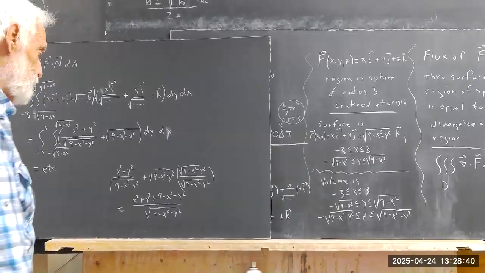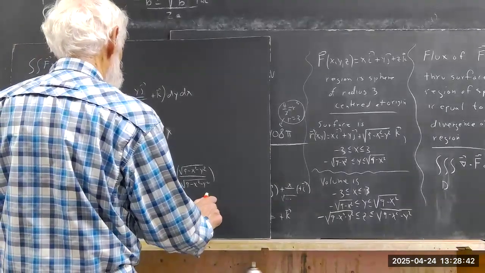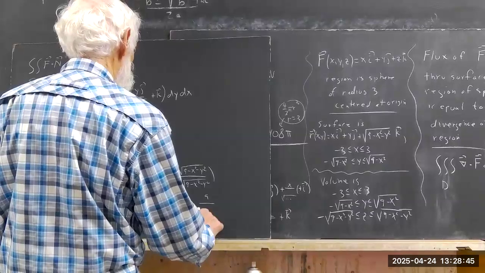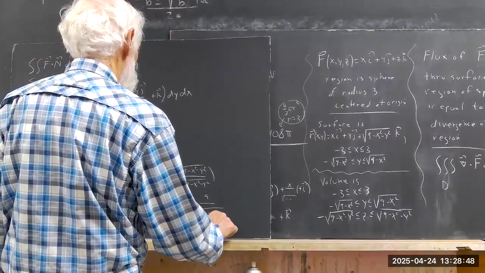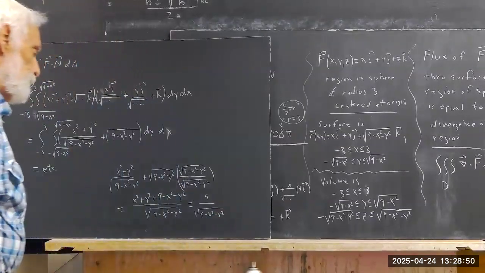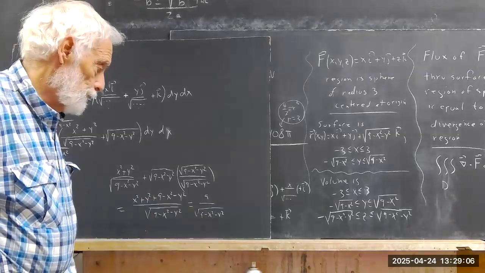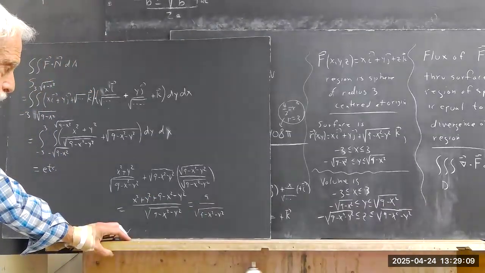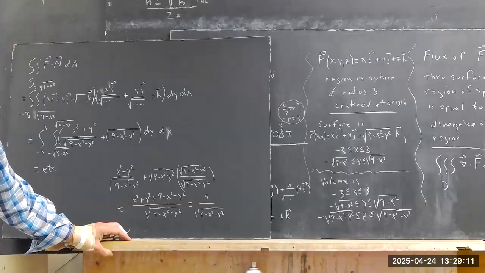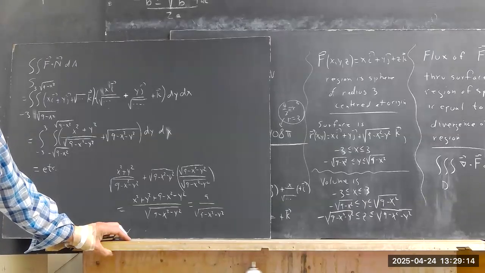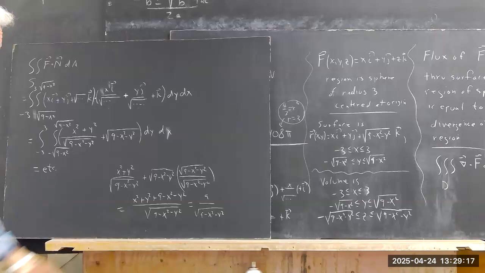Okay. Which gives us this. And then you can change this to polar coordinates. So you've got 9 over 9 minus r squared here. And you can do a trig substitution, r equals cosine theta or whatever, and integrate it. Okay.